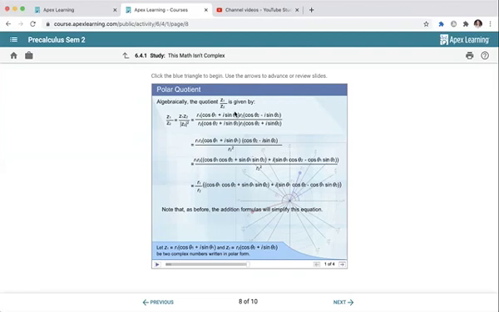And of course, what's going to cancel? We're left with just an r squared on the bottom.